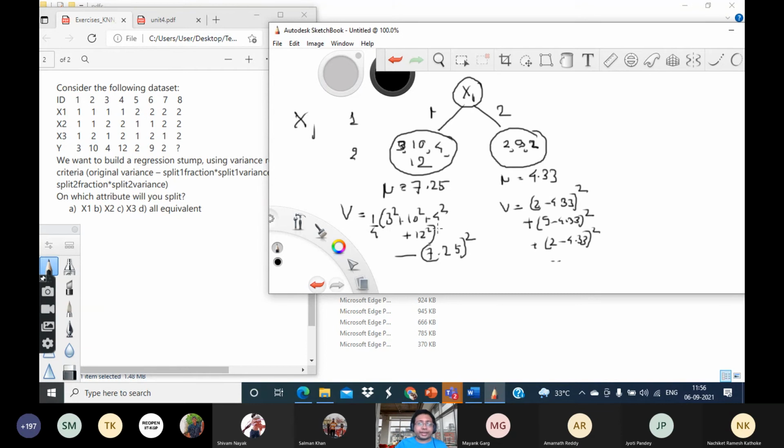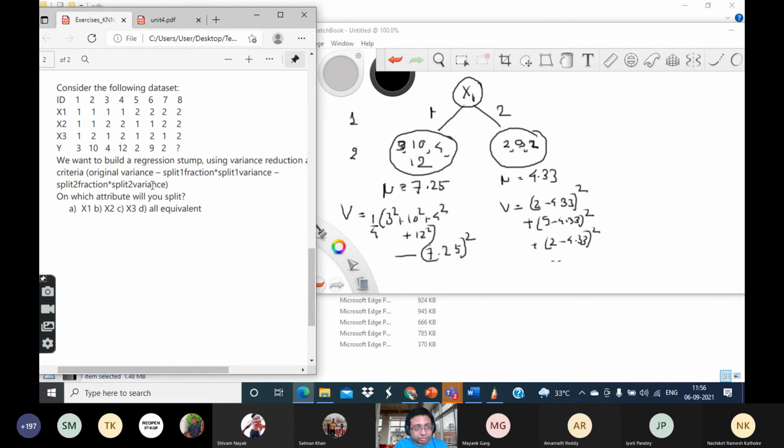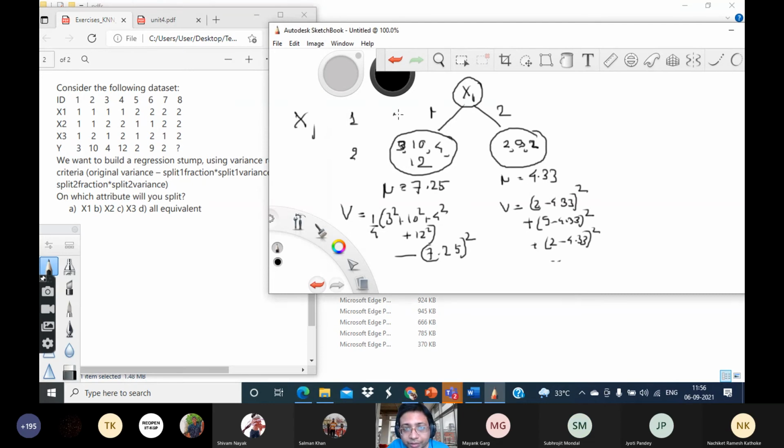So some value you will get. That will give you the split fraction 1 times split 1 variance plus the split fraction 2 times split 2 variance, whole negative. So what are these fractions? The split fraction is 4 by 7, and this split fraction is 3 by 7.